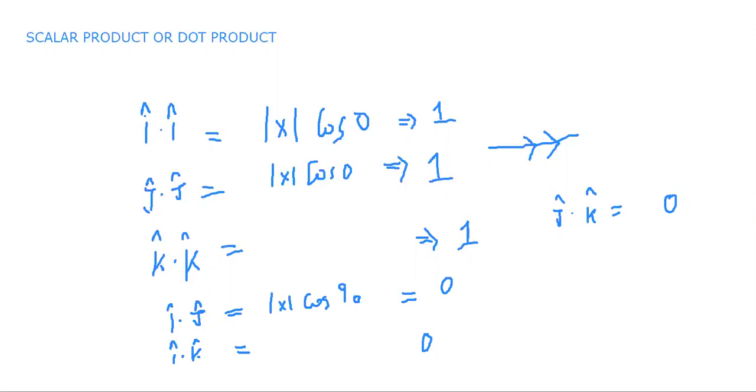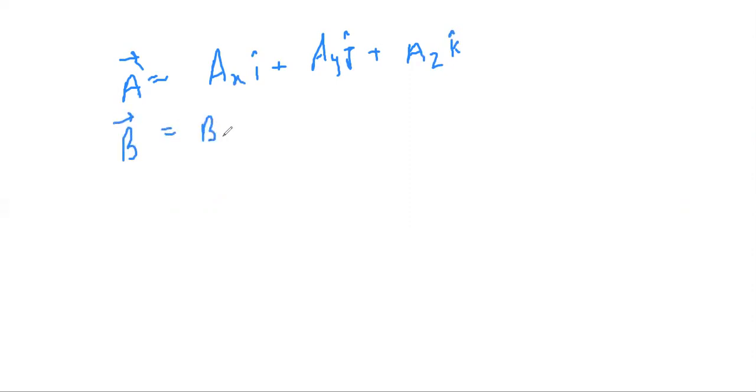Now, suppose there are two vectors. Let there be one A vector, and I'm writing it in general form. Let it be AX I cap plus AY J cap plus AZ K cap. Let there be one more vector, B vector, whose components are BX I cap plus BY J cap plus BZ K cap.